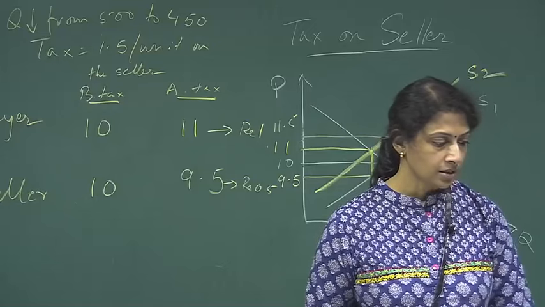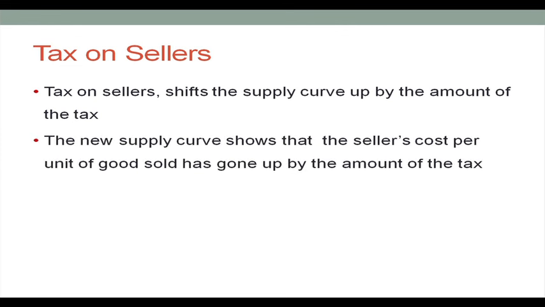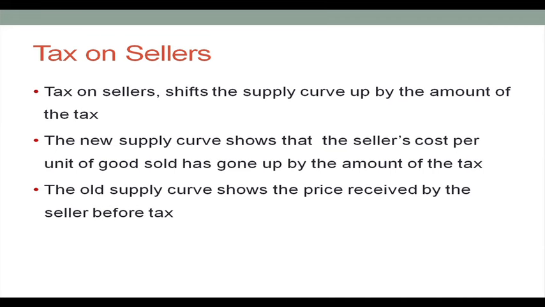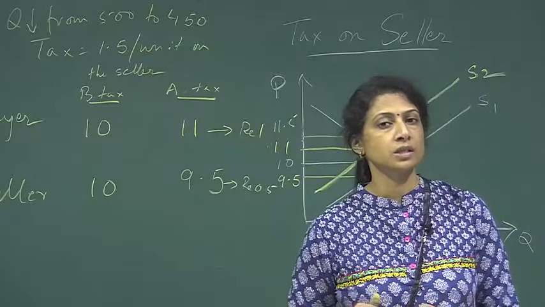So a tax on sellers shifts the supply curve up by the amount of the tax. Now the new supply curve shows that the seller's cost per unit of goods sold has gone up by the amount of the tax. The old supply curve shows the price received by the seller before tax, that is, removing the tax, what exactly goes to the seller.